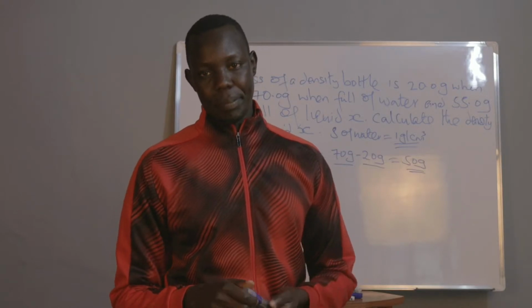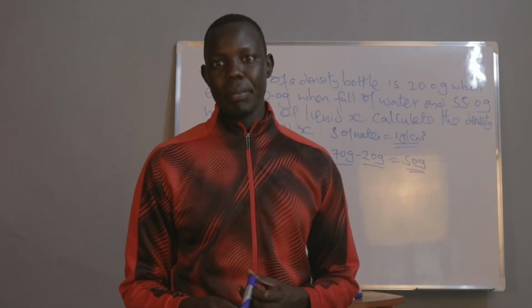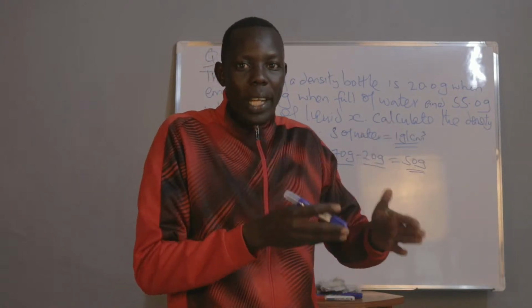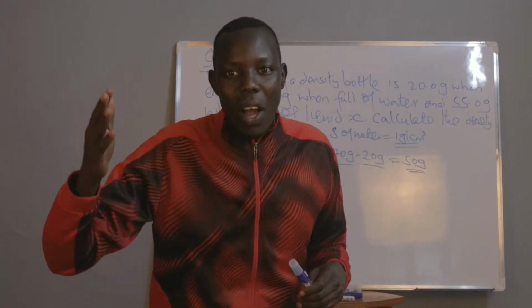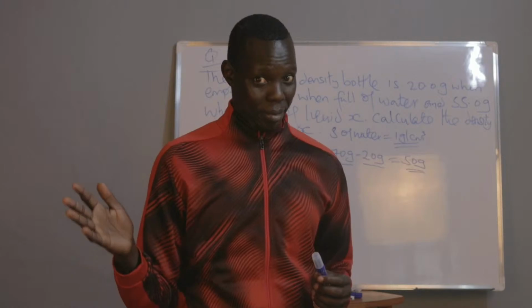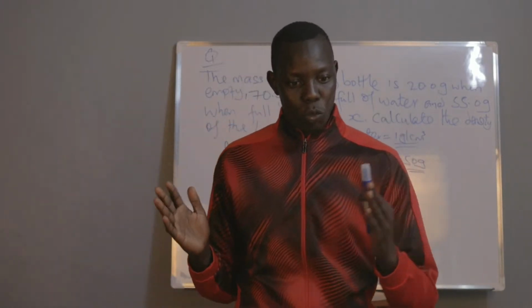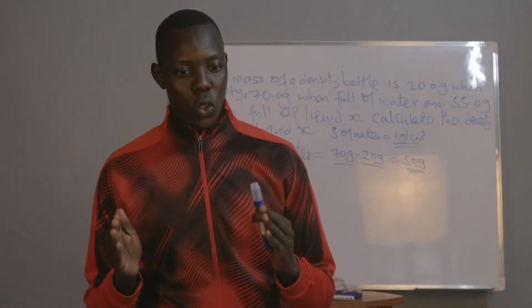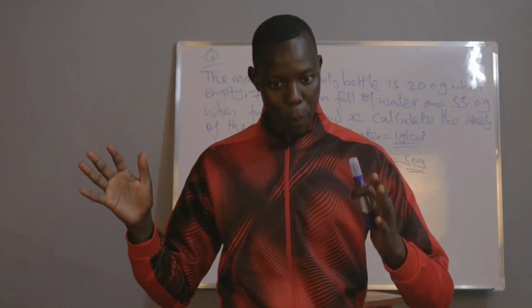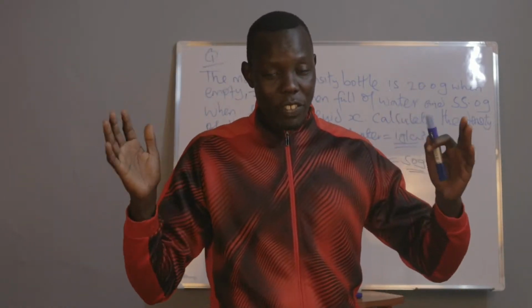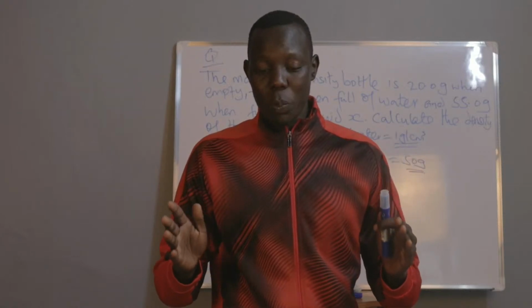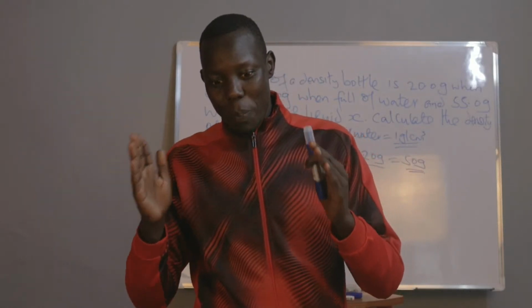What does it mean? It means this. For every 1 gram of water, its volume is 1 centimeter cubed. If I have 10 grams of water, the volume is going to be 10 centimeters cubed. If I have 50 grams of water, the volume is going to be 50 centimeters cubed.